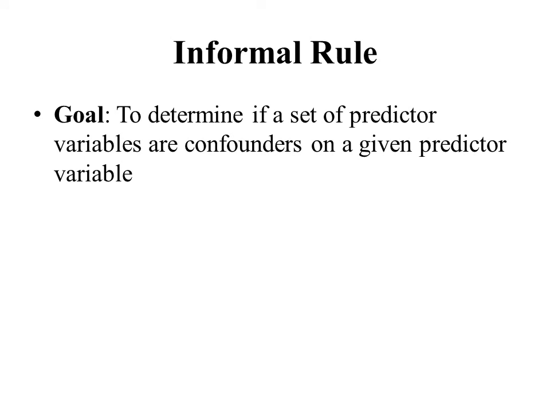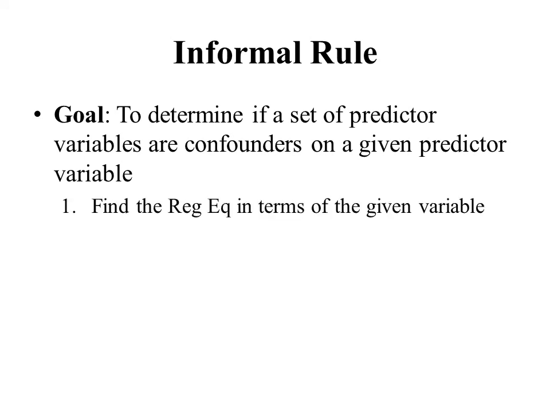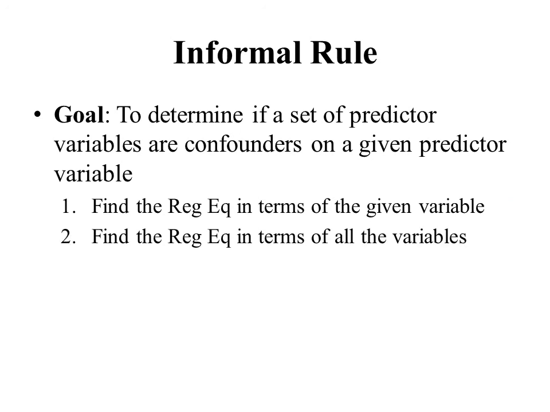The first step was we found the regression equation in terms of the given variable. So we found that regression equation that gave systolic blood pressure in terms of BMI all alone. And then we found the multiple regression equation in terms of all the variables. So we had all four of our variables there.